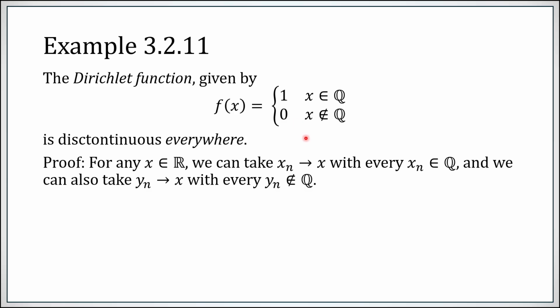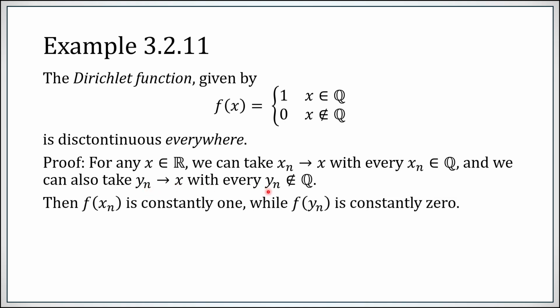We have an old result that says in any interval, there are rational numbers, but there are also irrational numbers. As a consequence, you can approach x with rational numbers, but you can also approach x with irrational numbers. So I have two different sequences, xn and yn, both converging to x. All of the xn's are rational, all of the yn's are irrational. Therefore, all of the f of xn's are 1, and all of the f of yn's are 0.